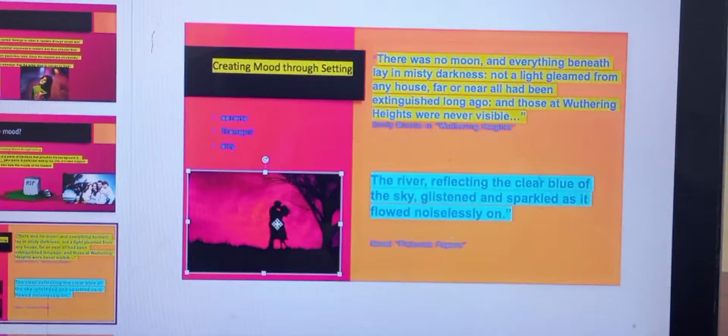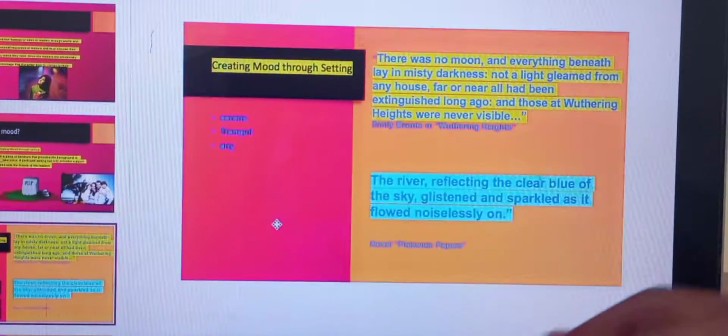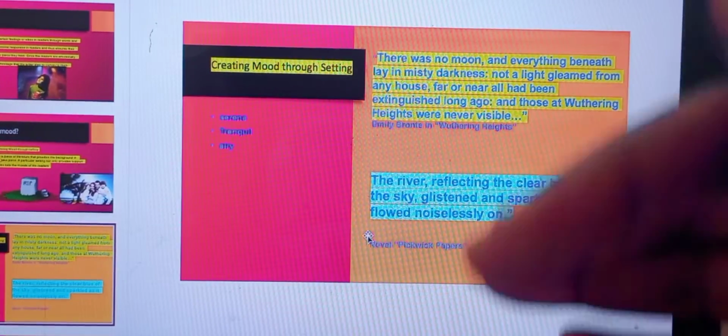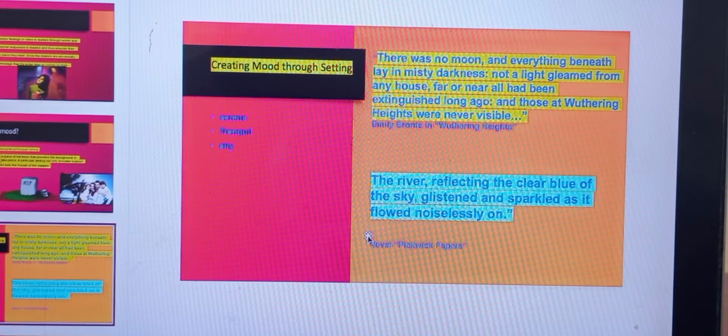So we're getting a sense that things are a bit calm. It's a bit airy, perhaps. There's a mysteriousness that we're getting from this setting, because there's a misty darkness, and there's no moon, so it's just darkness.